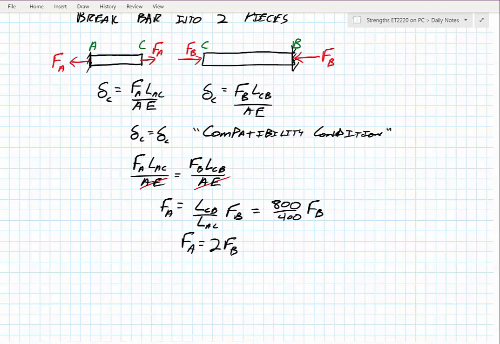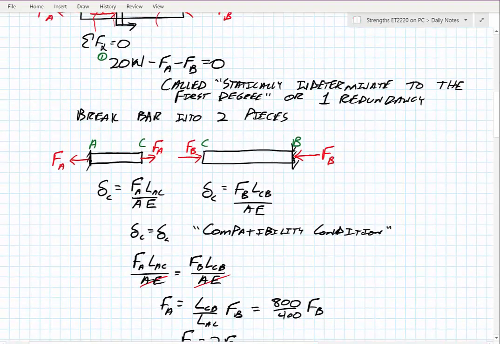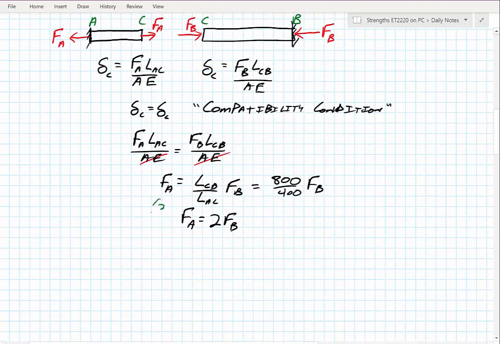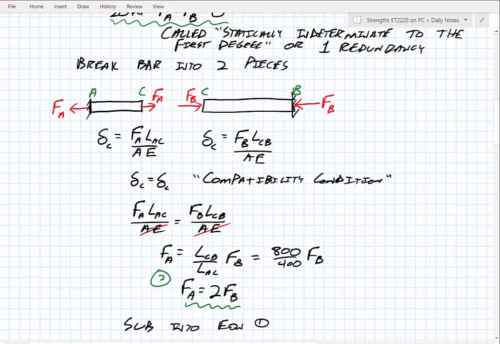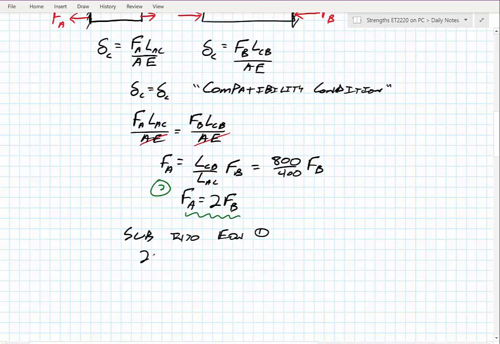So this is a second equation. We already had our first equation up here, right? Now we have a second equation down here. We have two equations, two unknowns. We can finally solve this thing. So we're going to sub this into equation 1. Equation 1 said that we had 20 kilonewtons minus FA minus FB is equal to 0.